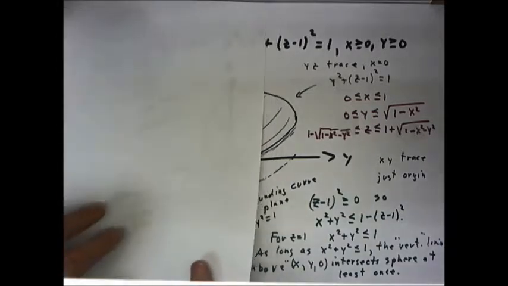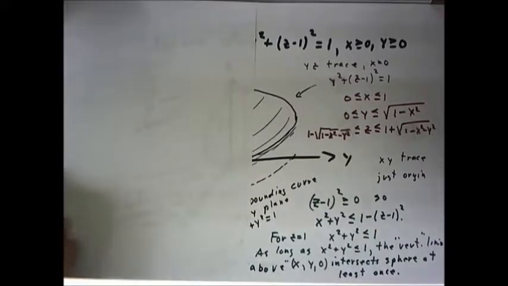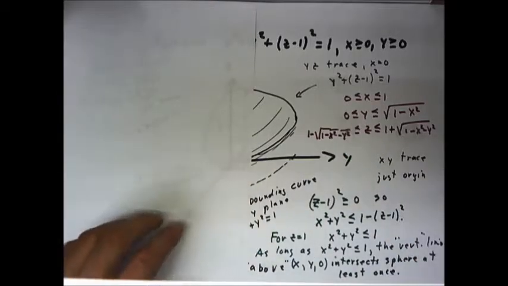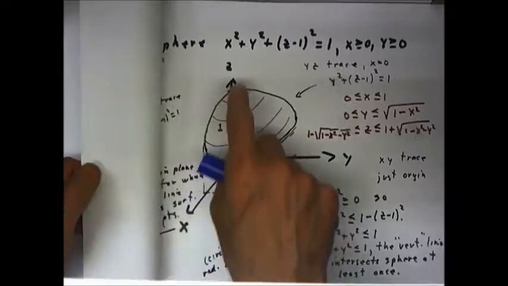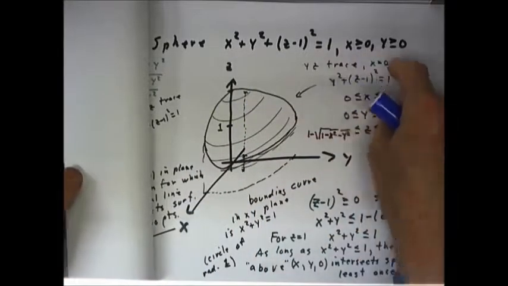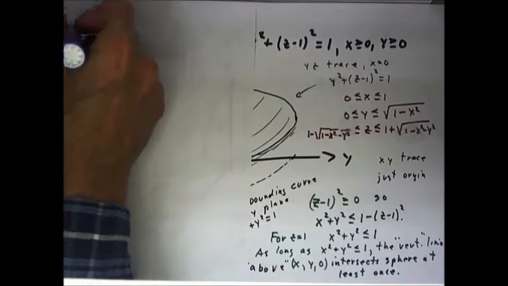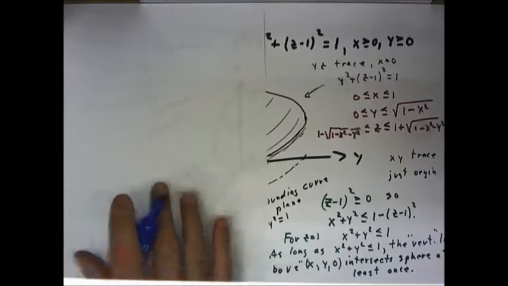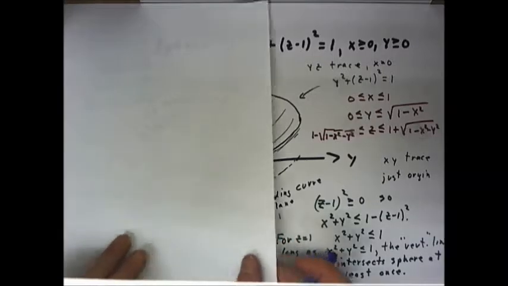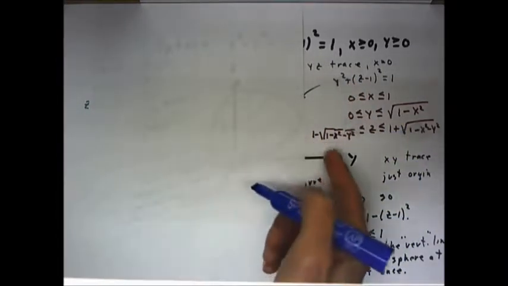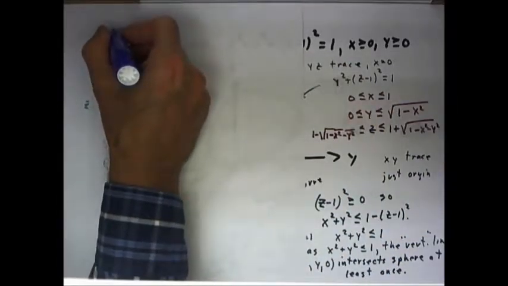Without going through all the details of the summation and so forth, because we really don't want to have to go through that on every problem as long as we understand it, we see that if we want to integrate a function, f of x, y, z, over this part of our sphere, our integral is going to be what? Well, here are the inequalities that describe our x and y and z.